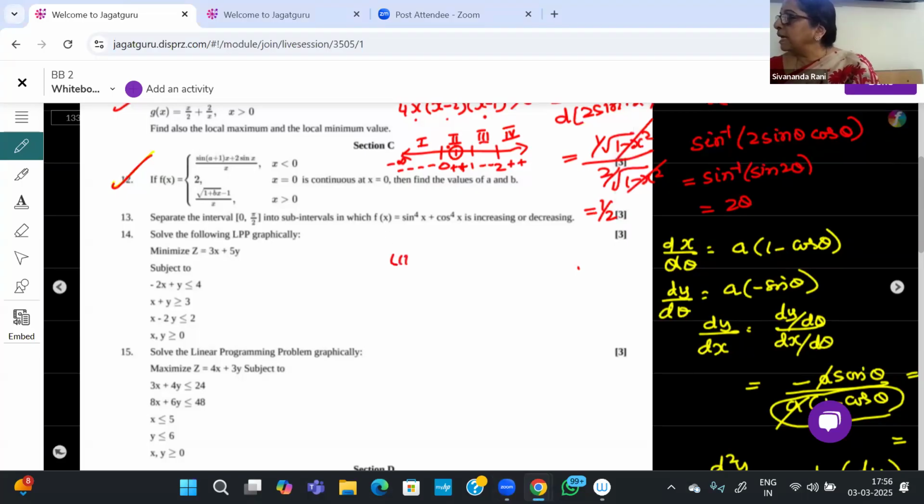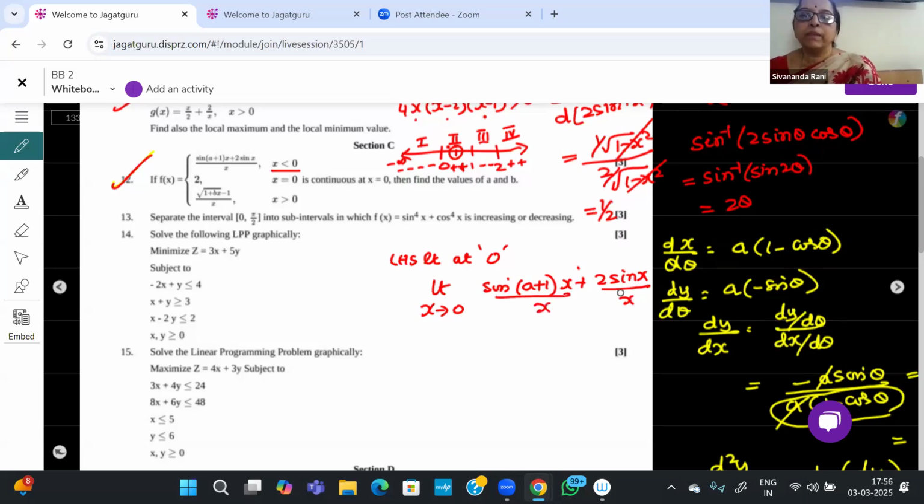So the LHS limit. LHS limit means x is less than 0, right? So this is called LHS. That x in the denominator can be split because sin x by x is 1, right? But in order that result works, you need to multiply and divide by a plus 1.